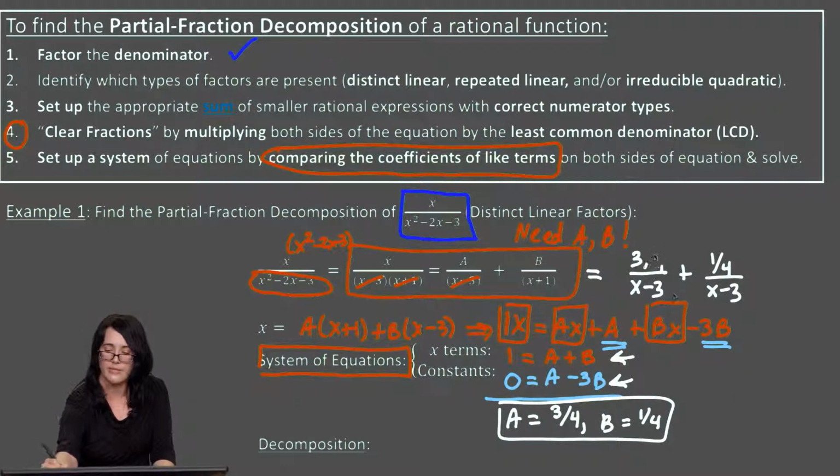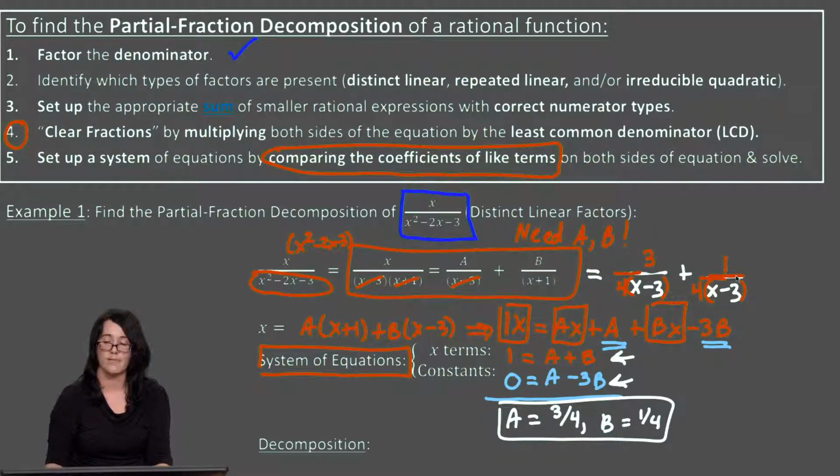So I could clean that up by writing 3 on top, parentheses around the factor, and 4 on the bottom. And I could do 1 on top, parentheses around the factor, and 4 on the bottom. So there I have 3 over 4 times x minus 3 plus 1 over 4 times x plus 1, I apologize.